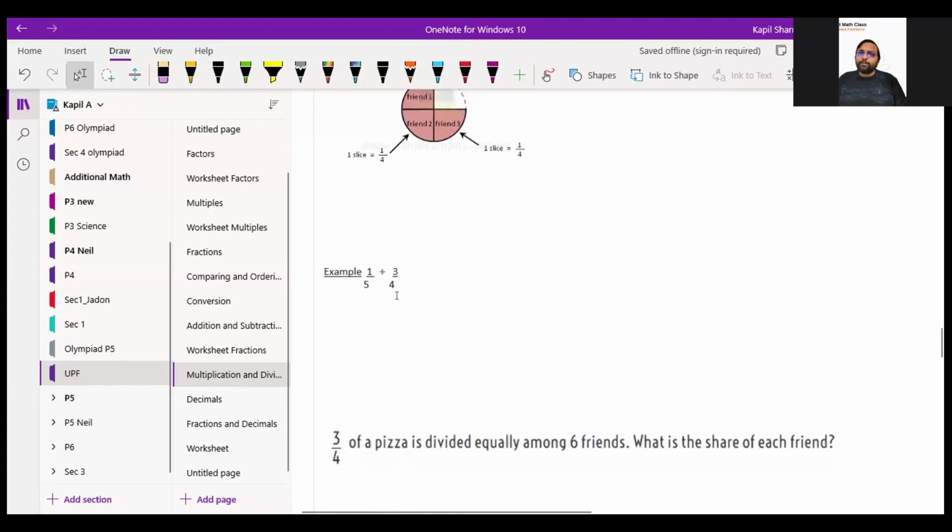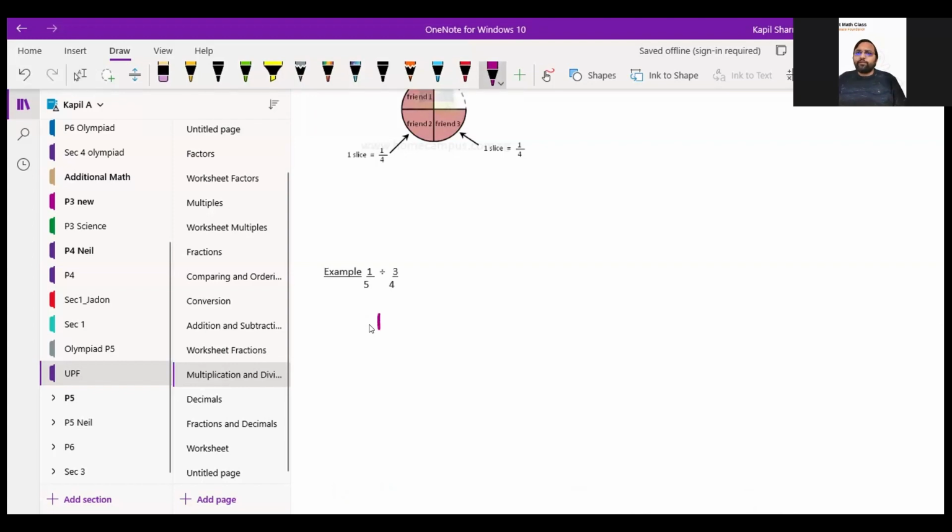Now try this. 1 upon 5 divided by 3 upon 4.